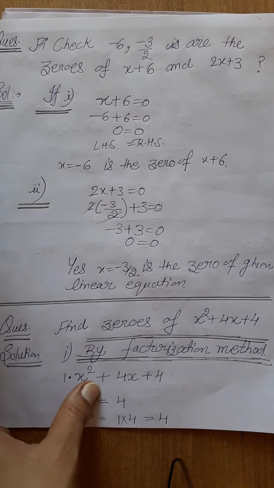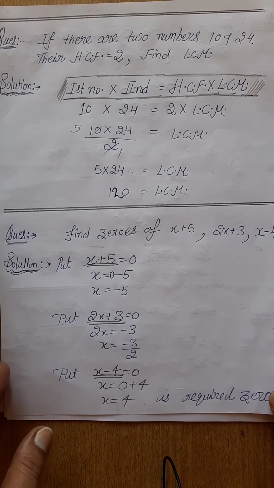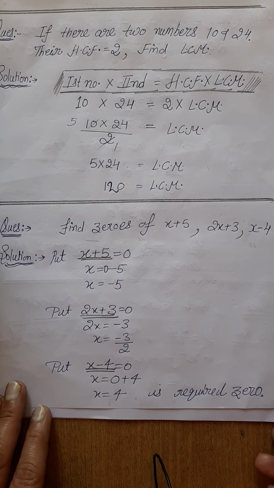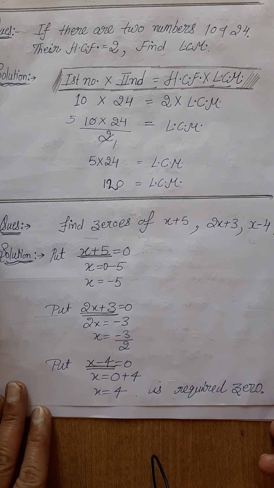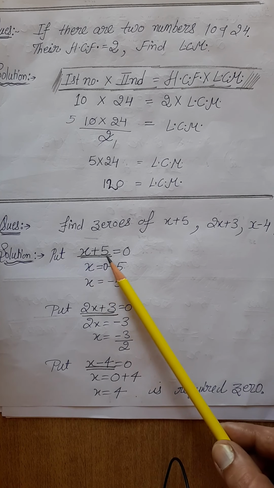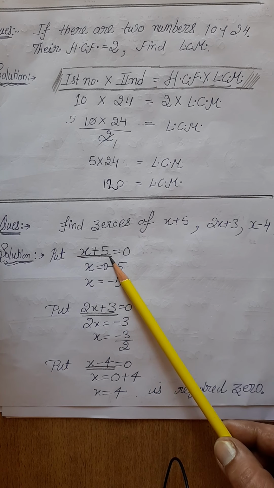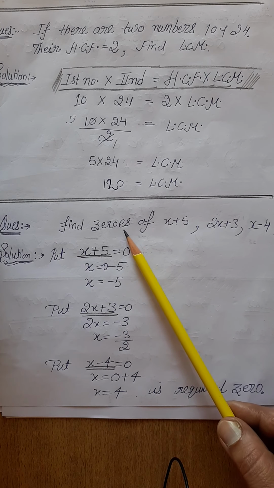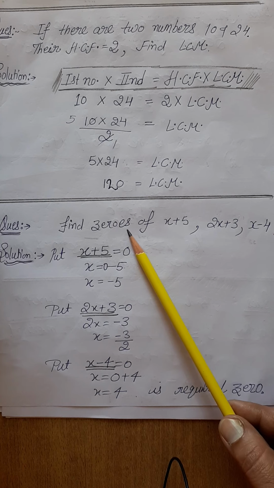So let's see here our first question, that is find the zeros of x plus 5, 2x plus 3 and so on. So first of all क्या करना है, अगर हमें zeros find करनी है, what are zeros? What is the meaning of zero?